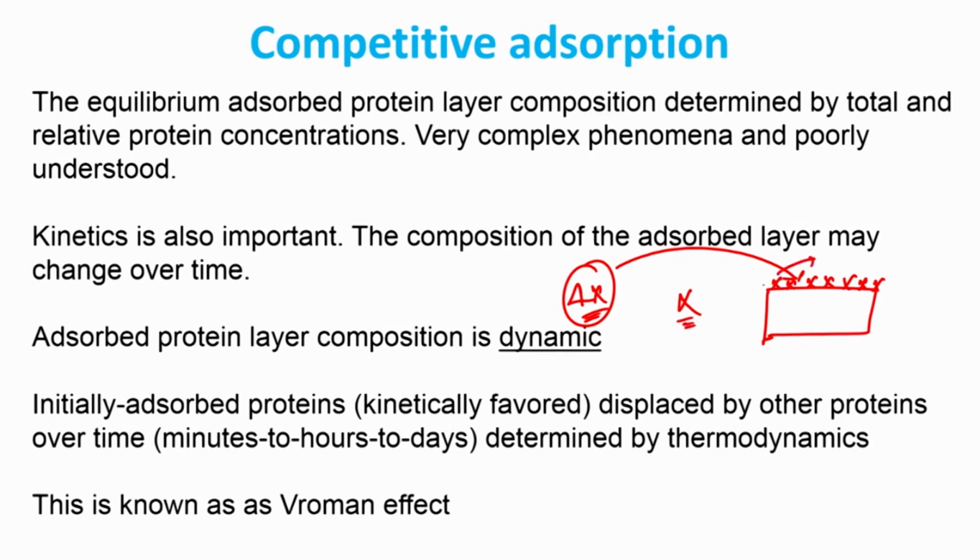So, this particular phenomenon where the higher affinity proteins get to replace the lower affinity proteins from the surface is also known as the Vroman effect. You will see that used quite a bit in the literature. So, just something to remember.